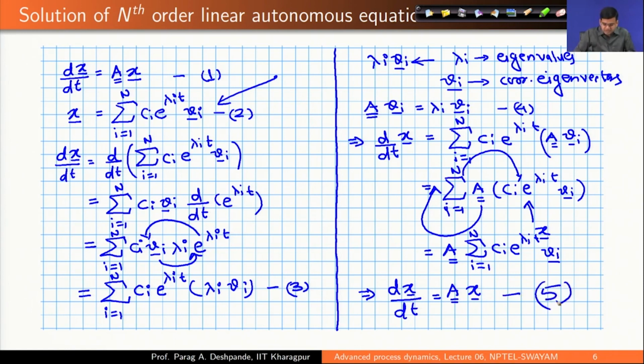Okay. So, from equation 5 what we get is that in fact, if x is summation i going from 1 to n C i e to the power lambda i t v i bar under bar, then it solves the equation dx by dt is equal to A x, where x under bar is the dynamical vector and A should be the matrix A double under bar.